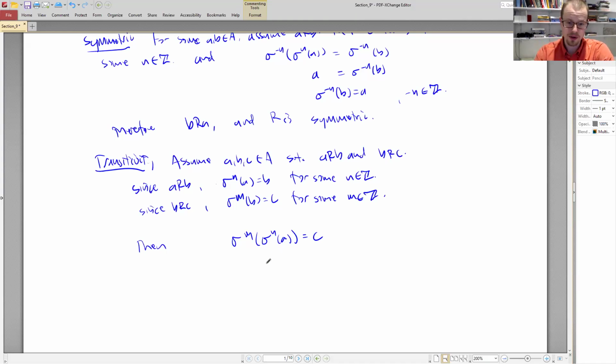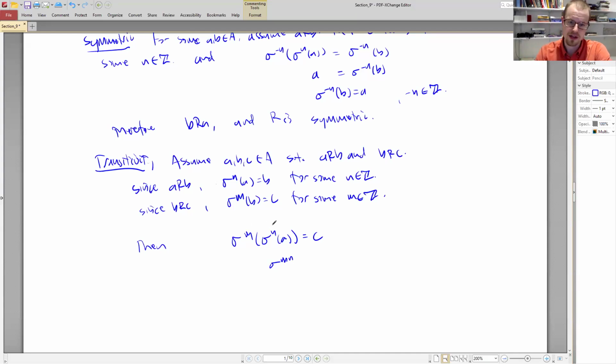Using our appropriate notation in our group of permutations, this would be sigma to the m times n, because I'm taking this thing and running it through m times.